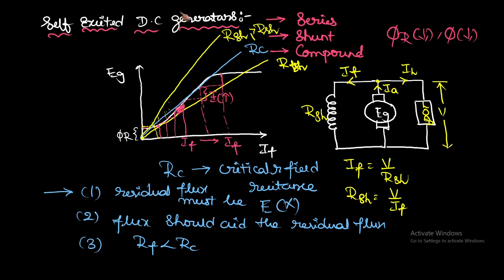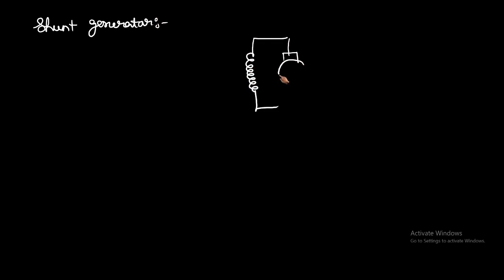This is how they are getting self excited. Now let us see the shunt generator. If you observe, in the case of the shunt generator, the field winding is connected with respect to the armature in parallel, or in shunt.